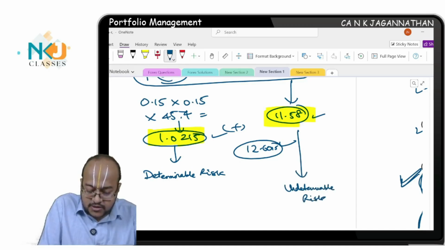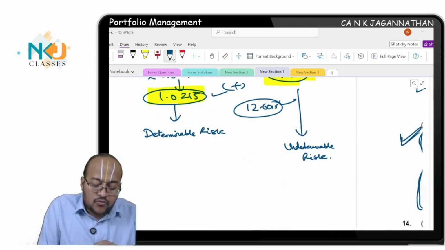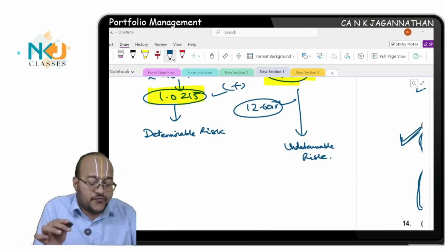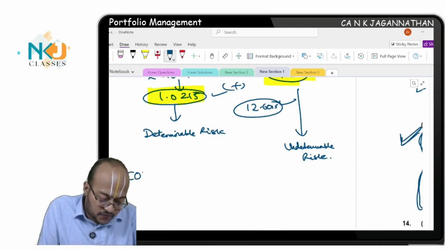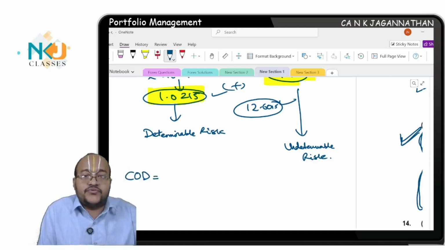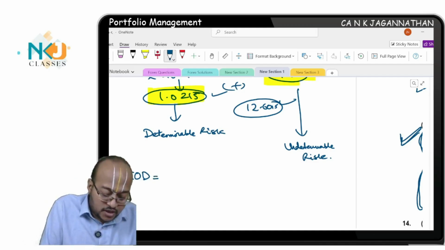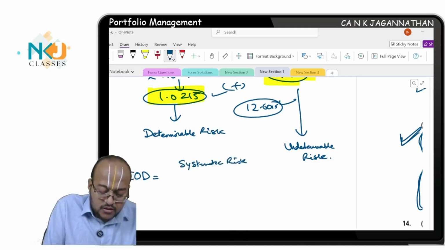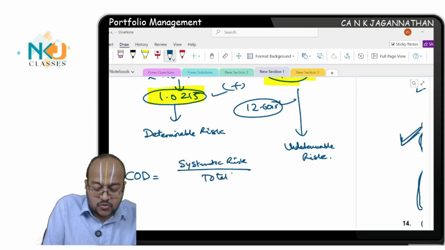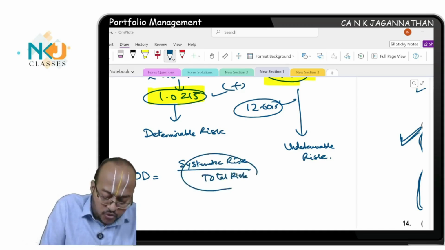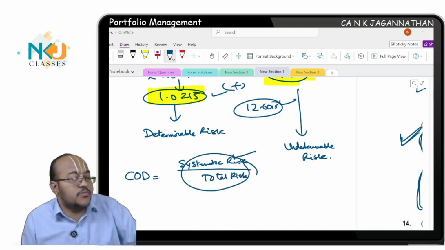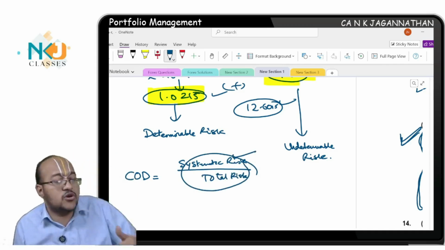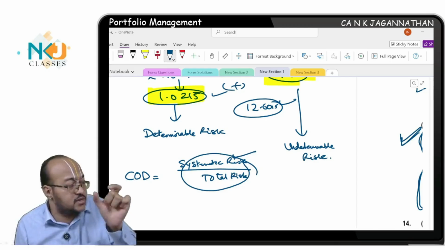Are you listening? Now, what do you mean by coefficient of determination? The coefficient of determination is nothing but the systematic risk divided by the total risk, which means the portion of the risk that is determinable due to market reasons, which I call systematic risk, beta square sigma m square.